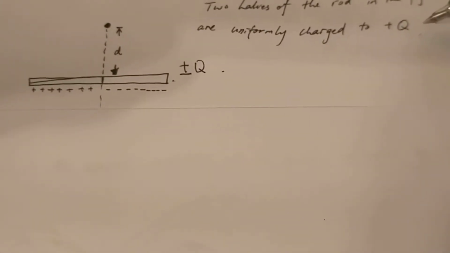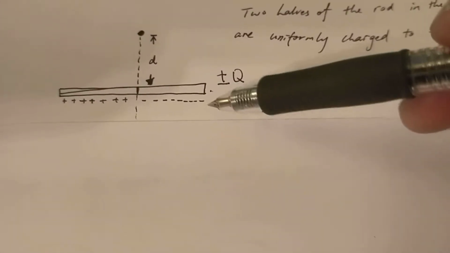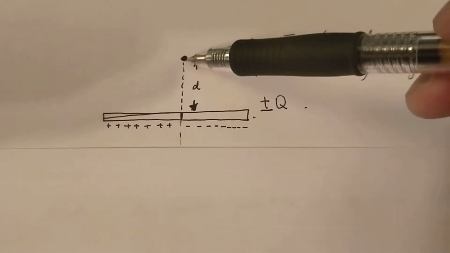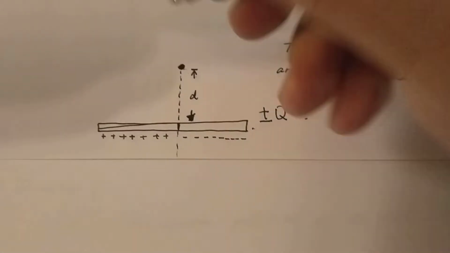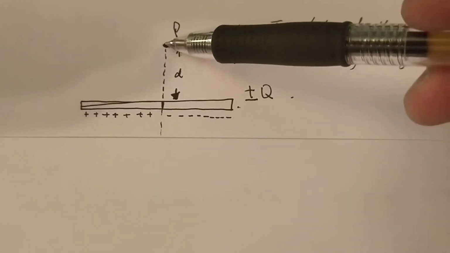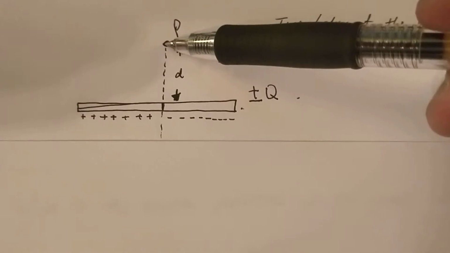And the question is, what is the electrical potential at the point, which I should mark point P? What is the electrical potential at this point indicated?